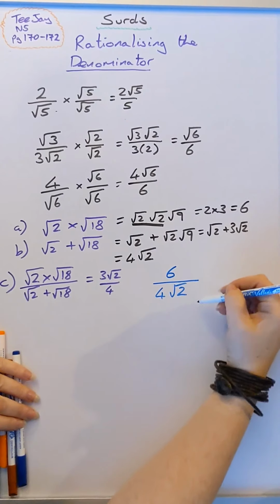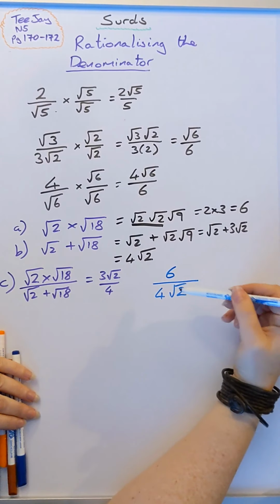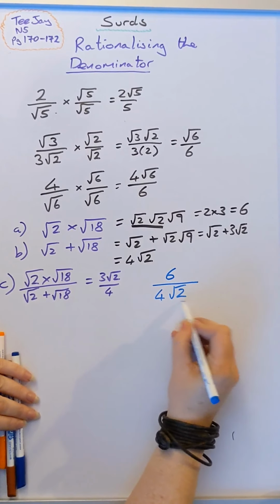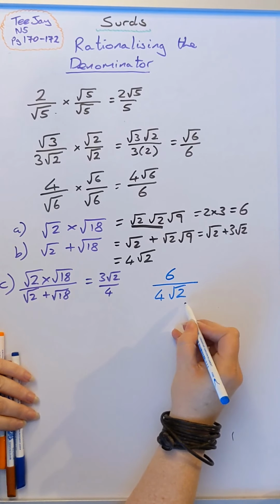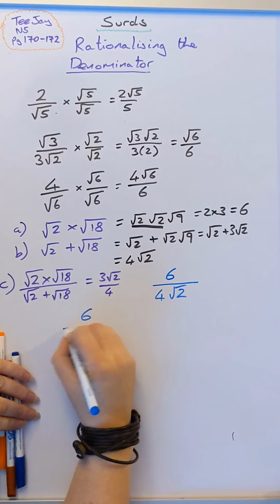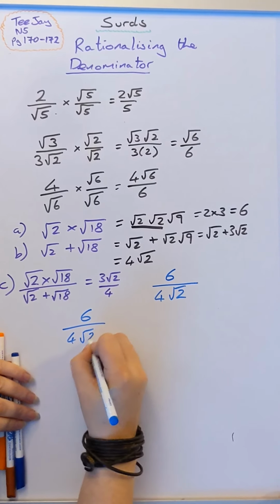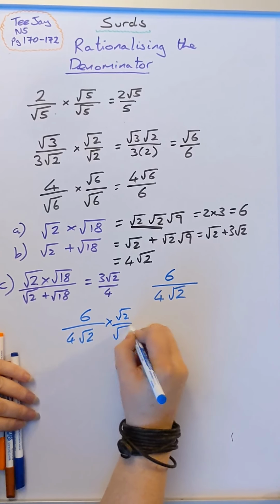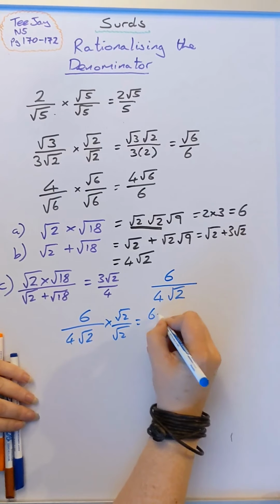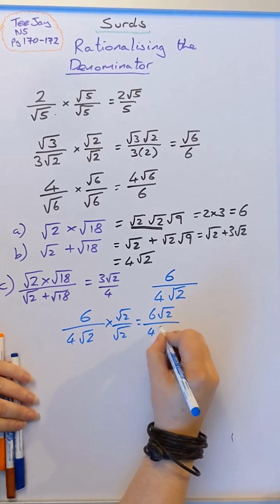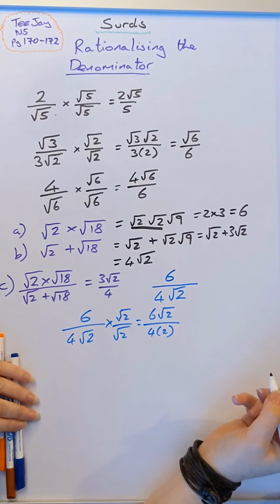So what we need to do is, as we did up here, get rid of this denominator, this root 2 here. So we've got 6 over 4 root 2 times root 2 over root 2. So we've got 6 root 2 over 4 times 2.